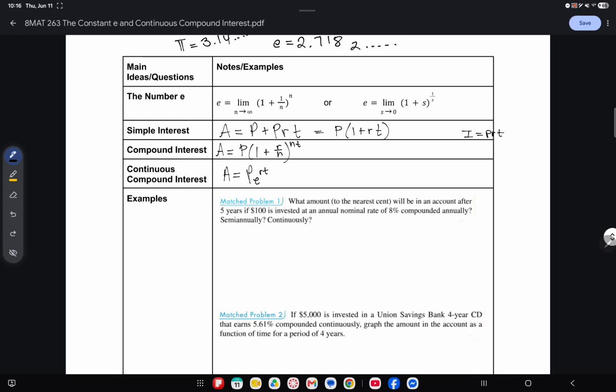Maybe I should write what all these letters mean over here. A is some final amount. P is a principal amount.